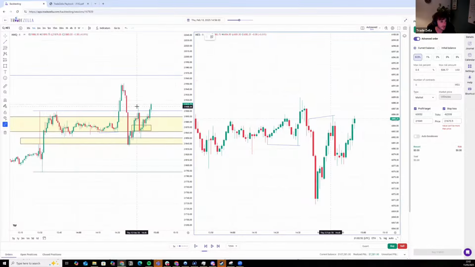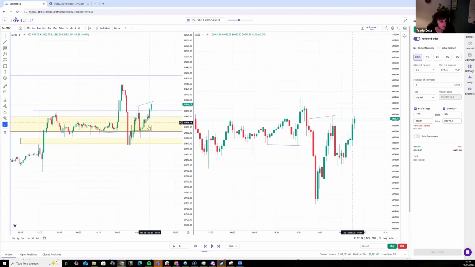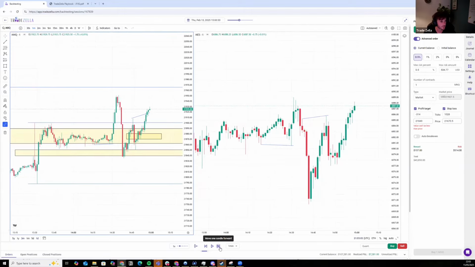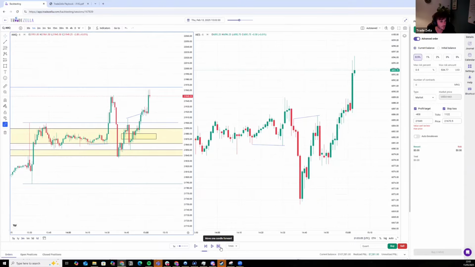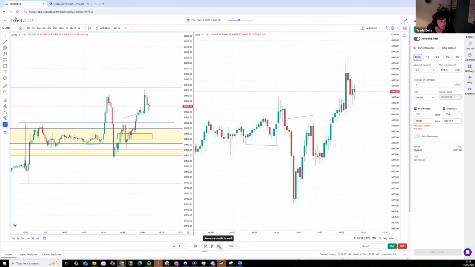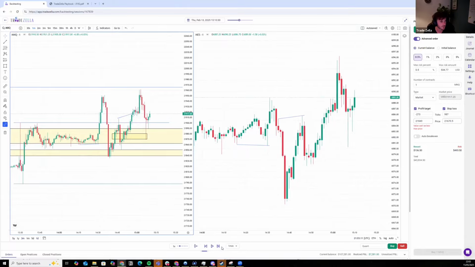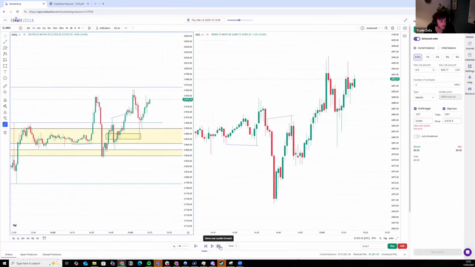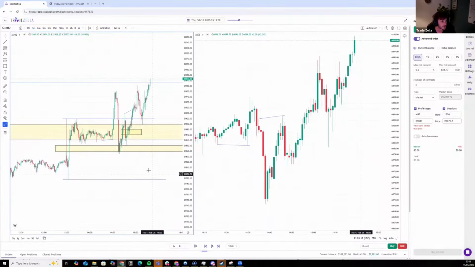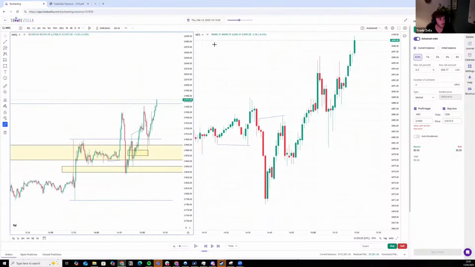So this could form an SMT here. Does inverse long though. No SMT though. Yeah, we're going to go hit that liquidity target. Yeah, hard to get in here with these data lows as well. I'm not really trusting it. Yeah, let me just check.